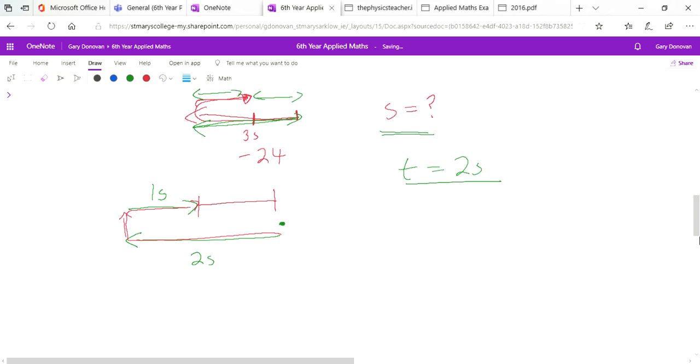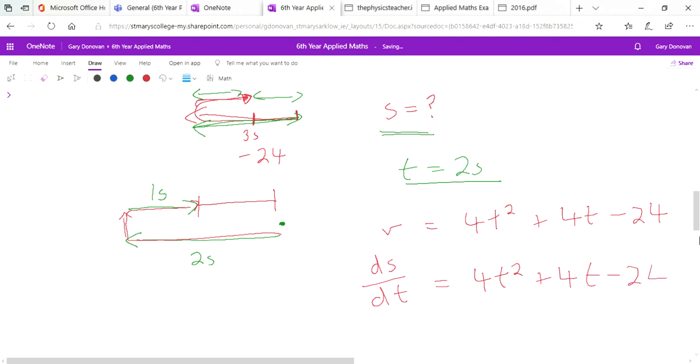So let's go back to our equation for v, and our equation for v was v equals 4t squared plus 4t minus 24. We want to figure out its distance traveled at different times, or its displacement at different times, so we're going to get a ds/dt relationship: 4t squared plus 4t minus 24.